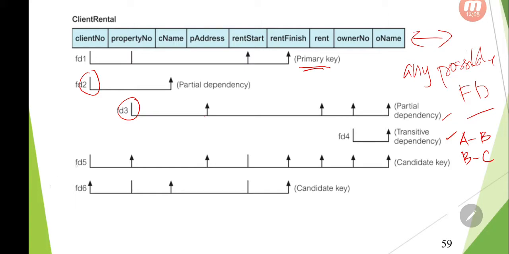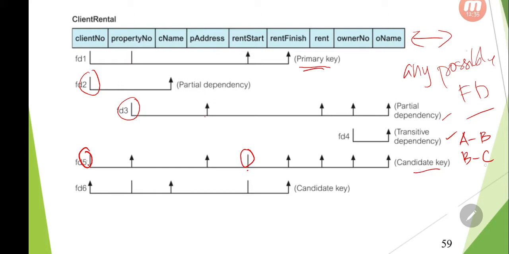Okay, FD5 we have client number and rent start. When you combine client number and rent start, it will become a candidate key. This is not partial. Why? Because you need to combine these two, while rent start is not a primary key.